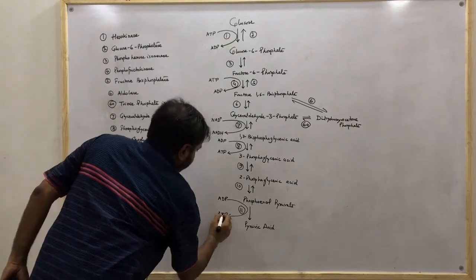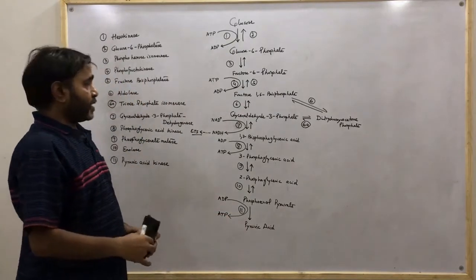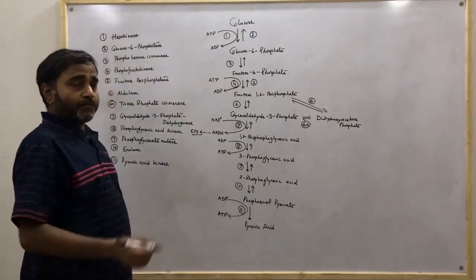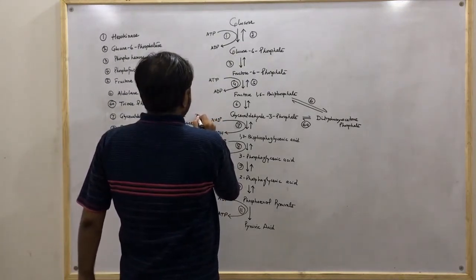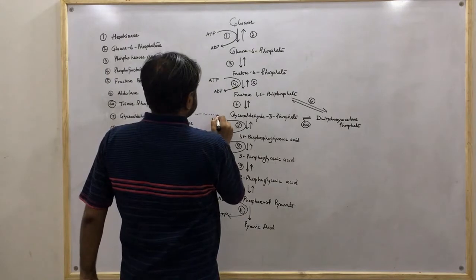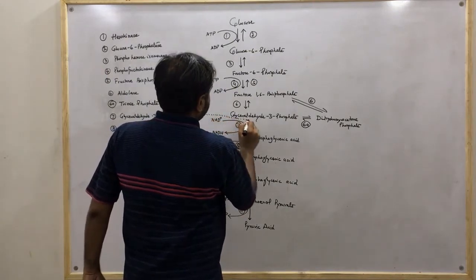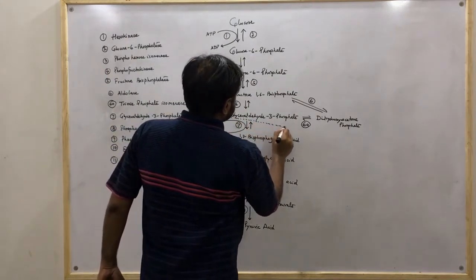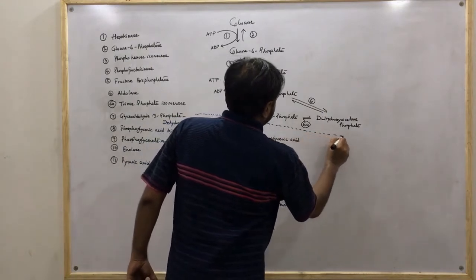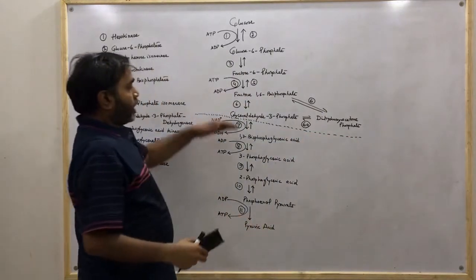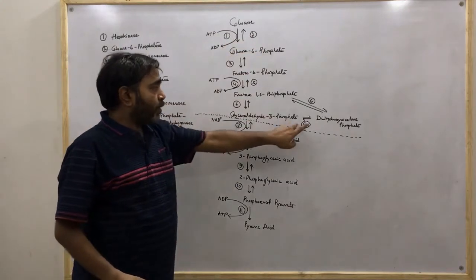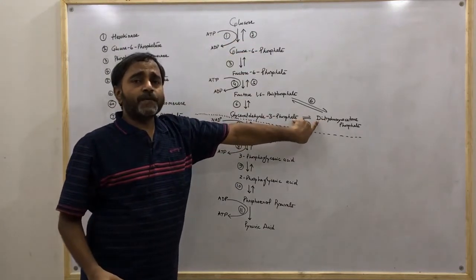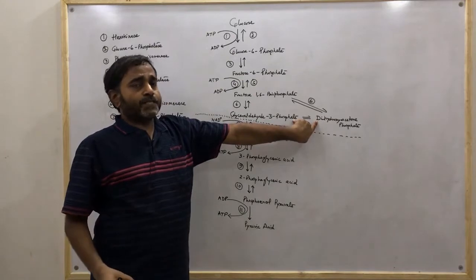So by this we can calculate the energy formation, but let me first mark one thing, that in this step I am just putting a mark. Above this step only one molecule will be involved. Why? Because here the equilibrium exists between the triose sugars.